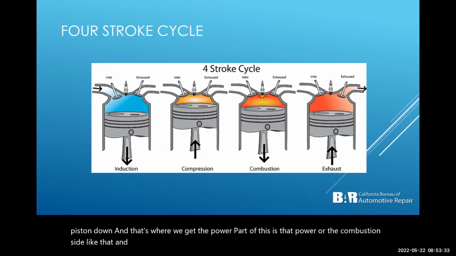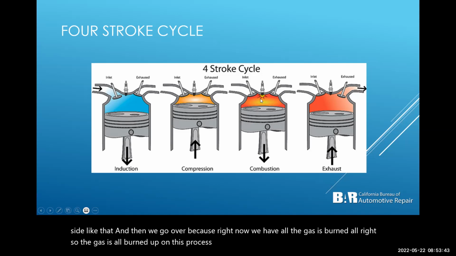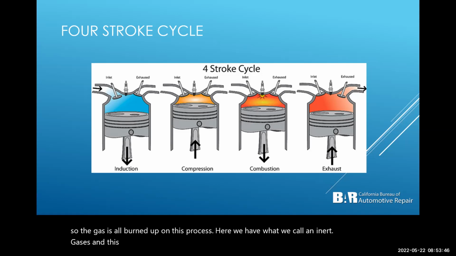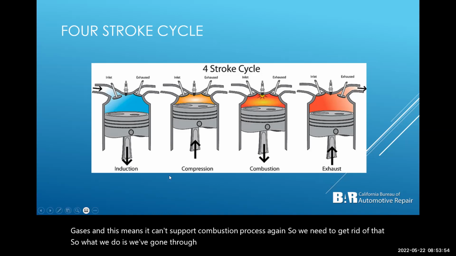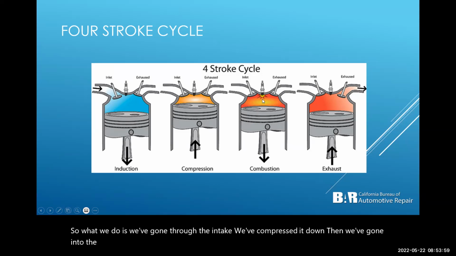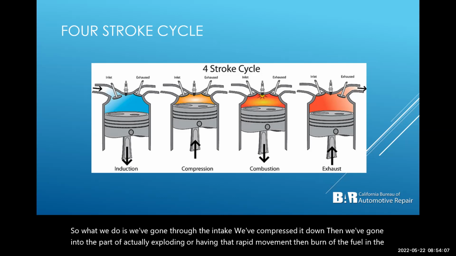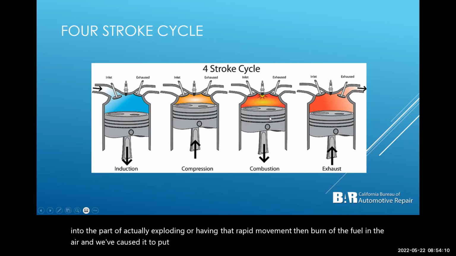And then we go over, because right now all the gas is burnt. The gas is all burned up in this process here. We have what we call inert gases, and this means it can't support the combustion process again, so we need to get rid of that. So we've gone through the intake, we've compressed it, then we've gone into the part of exploding, the rapid burn of the fuel and air, which slammed that piston down.